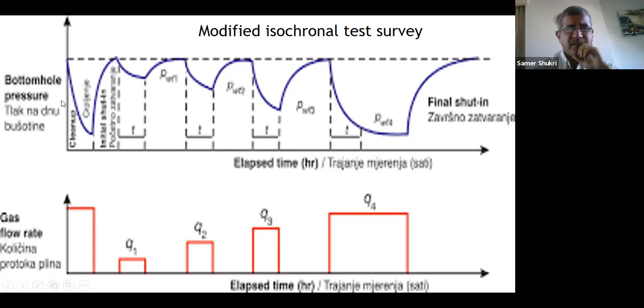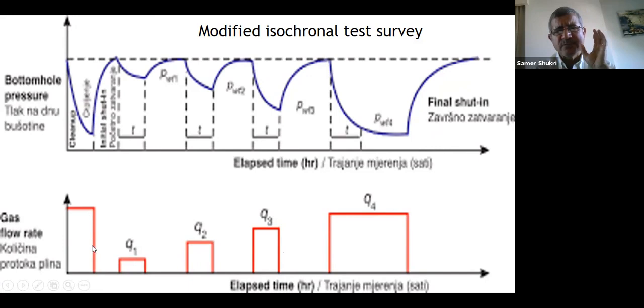Here you see open bottom hole pressure, open, close, final shut-in here as build-up. Here you open a quarter choke, then half the size of the choke, then 3/4, then full open.